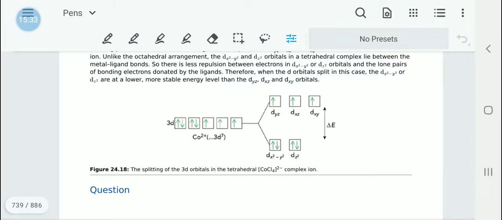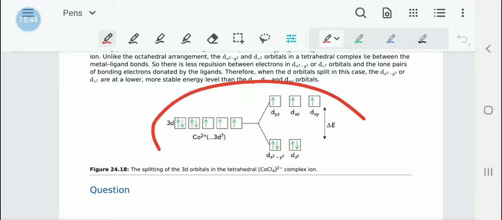As a result, the resulting delta E would be lesser. Please draw this as well.